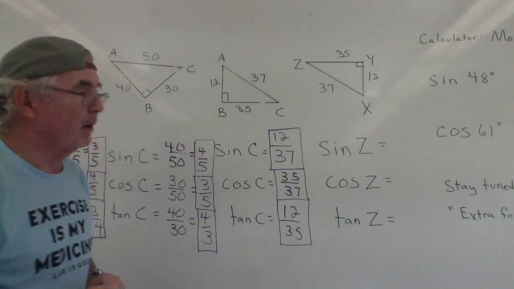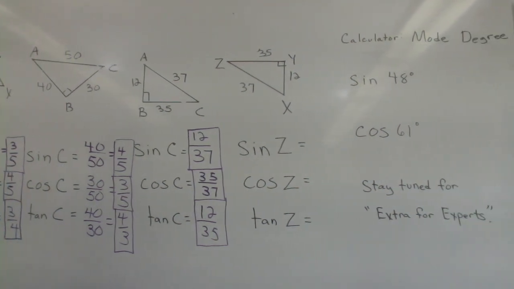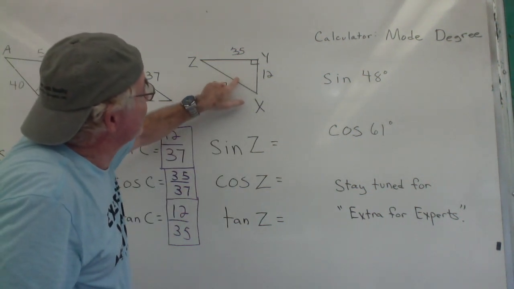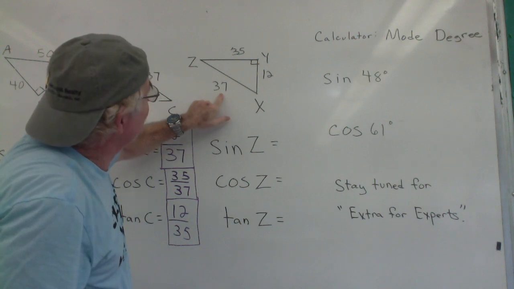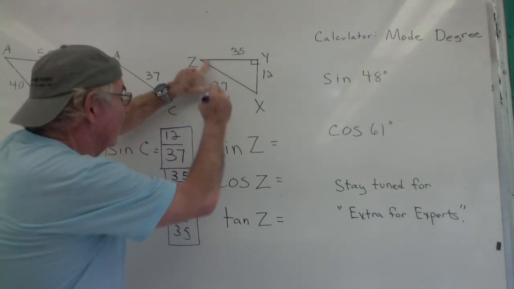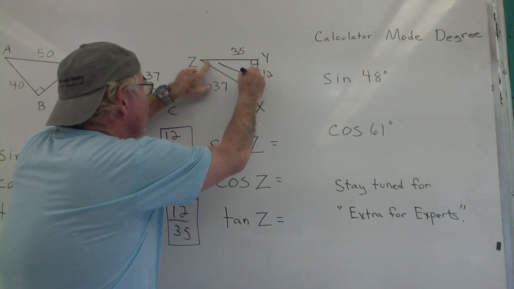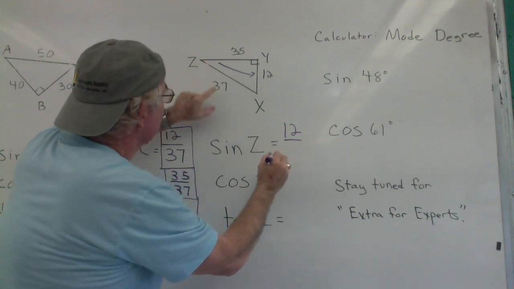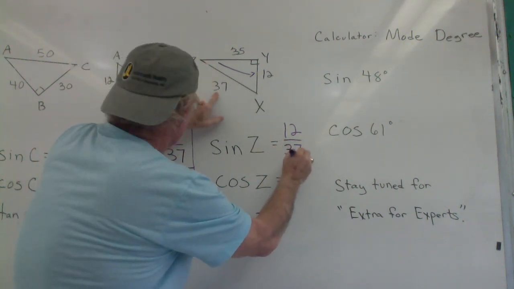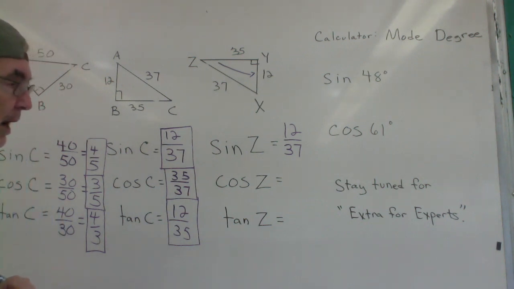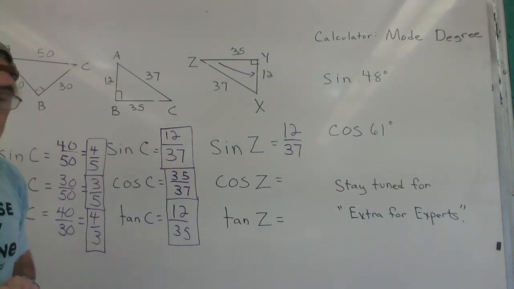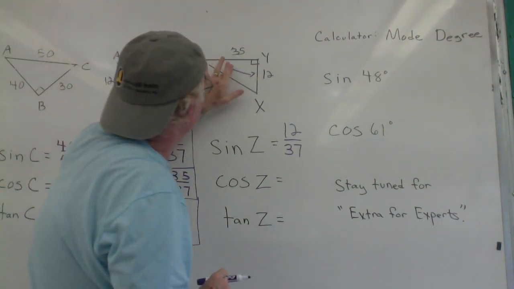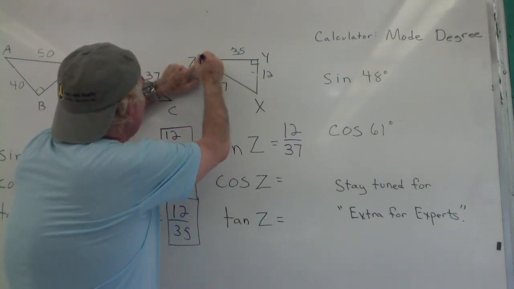And our last example, so let's just make sure we have it. Notice this is the hypotenuse. So we put our finger on Z, and what side's opposite? 12 over the hypotenuse, 37. And it will not reduce, just like the previous example. The cosine of Z. What side's adjacent?